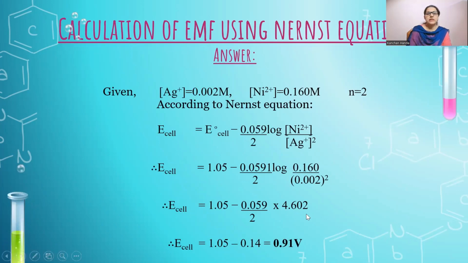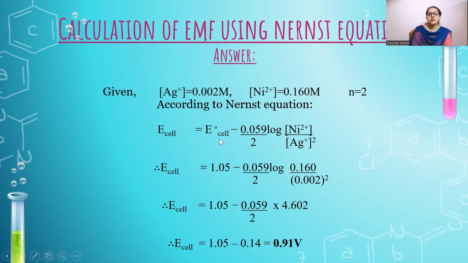To calculate EMF of the cell, we are provided with the concentration of silver ions and nickel ions. And in this reaction, the number of electrons which are involved is 2. So the value of n is 2.